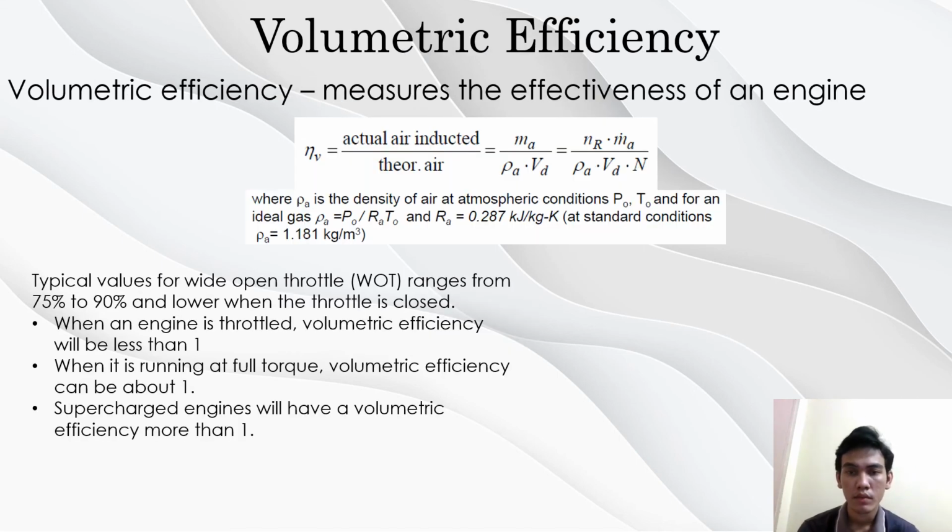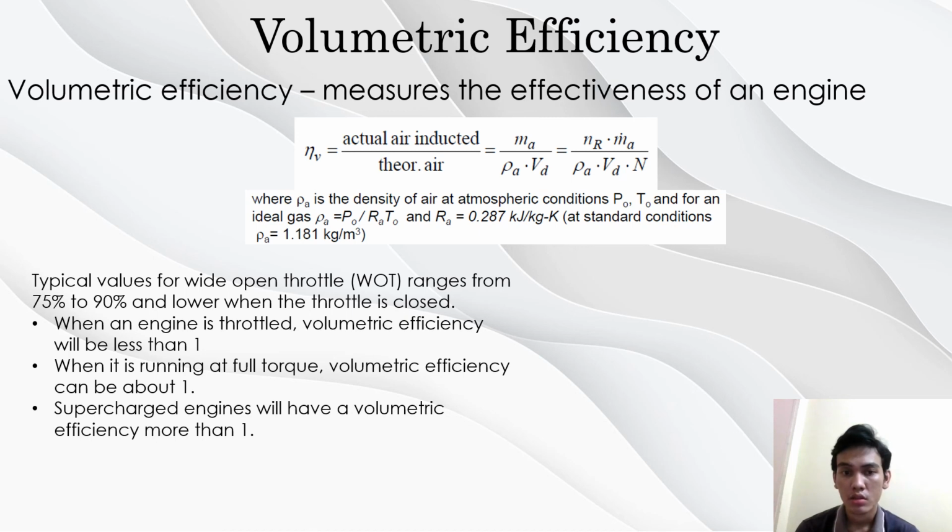Next is the volumetric efficiency, which measures the effectiveness of an engine. From the formula, we can see that eta V is equal to actual air inducted divided by theoretical air. The typical values for wide open throttle, WOT, range from 75% to 90% and are lower when the throttle is closed.